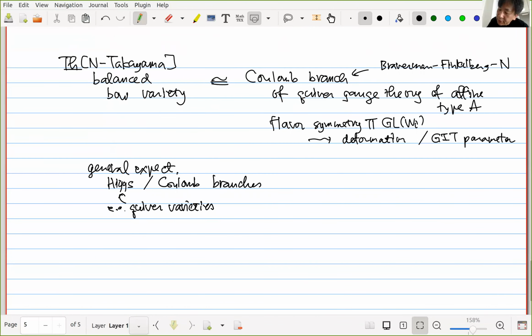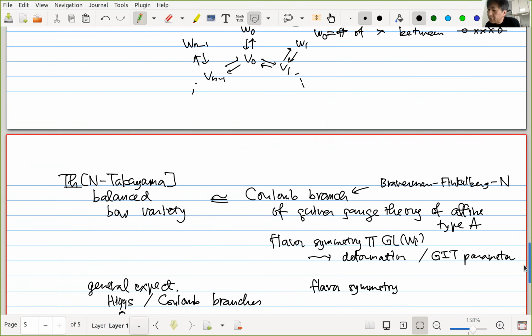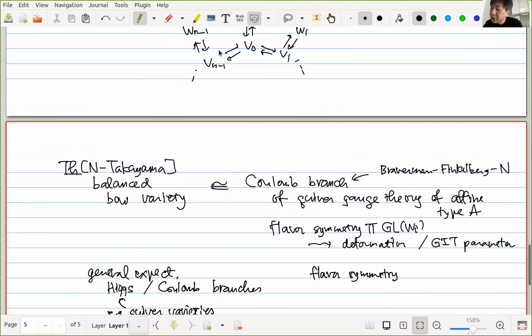And in this construction, the flavor symmetry is an additional group acting on the vector space, which is different from the original gauge group. The original gauge group is the product of general linear groups of the V's in this case, and the W is just an additional symmetry.